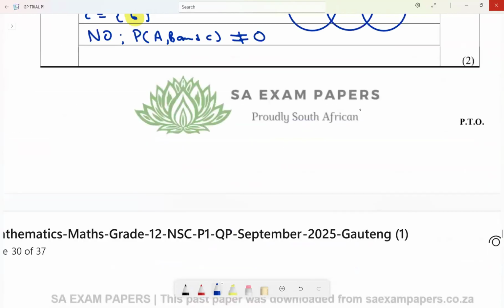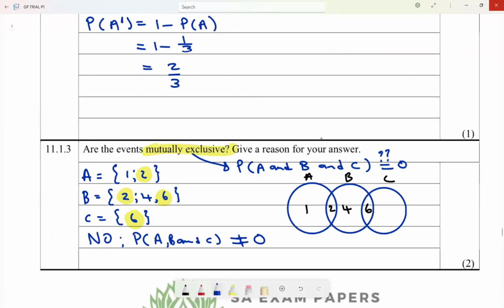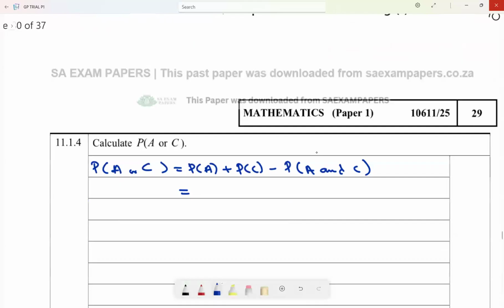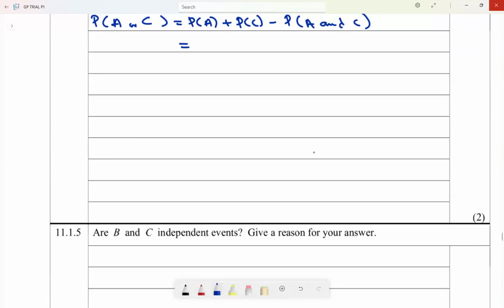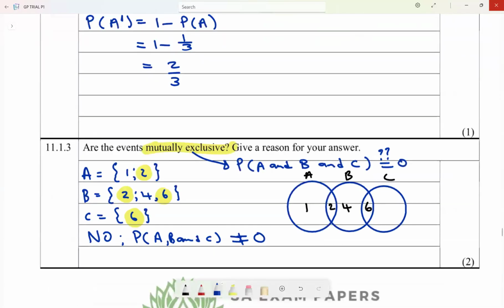What is the probability of A, Hannah? We still remember the probability of A is 1/3. Plus the probability of C, 1/6, minus what is the probability of A and C?